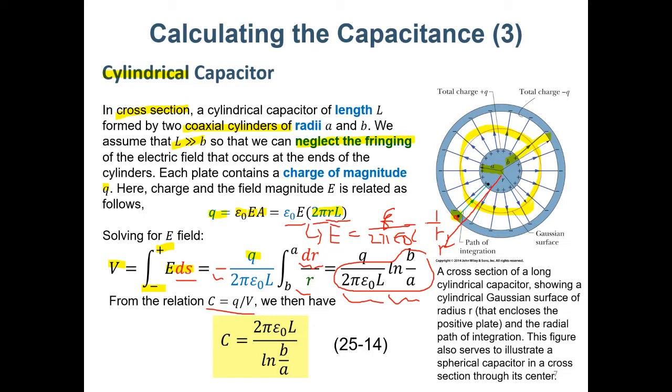So you can consider if you need a larger capacitance, then you need to increase the length of the capacitor, or you need to minimize this term, which means that the two radii should be close to each other. Because b is always larger than a.